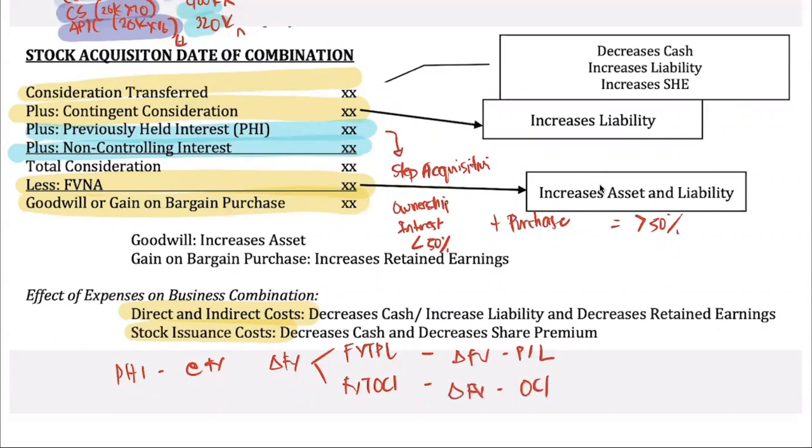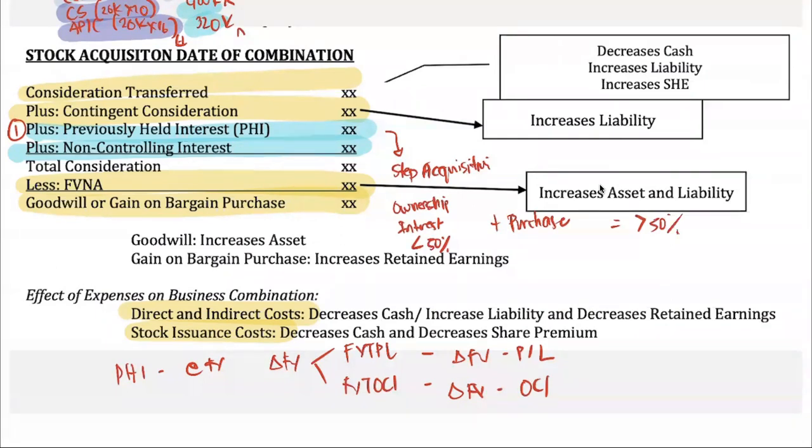So the first one we discuss in your stock acquisition date of combination is your previously held interest. Before, we learned in your business combination that your previously held interest should be measured at fair value. If you measure that at fair value, what is the effect of the change in fair value? It increases FVTPL or FVTOCI, or decreases FVTPL or FVTOCI.